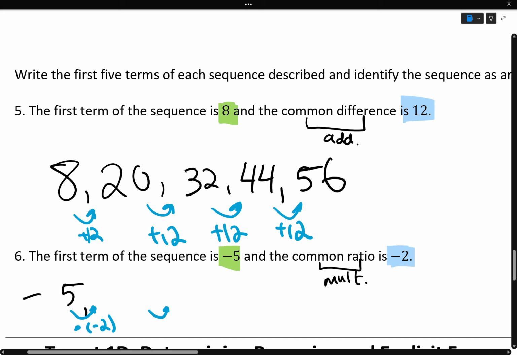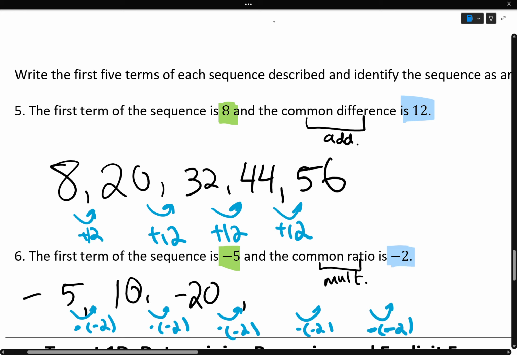Then we got to do that 4 more times. Okay. Negative 5 times negative 2 is 10. Times negative 2 is negative 20. And then positive 40, negative 80. Oh, I went too far. 1, 2, 3, 4, 5. Yay.